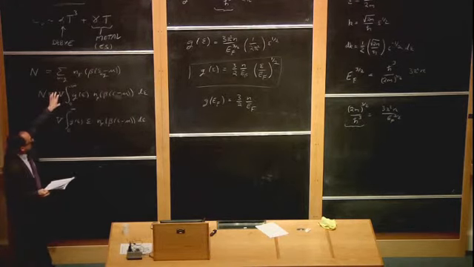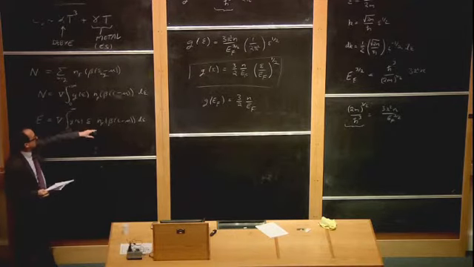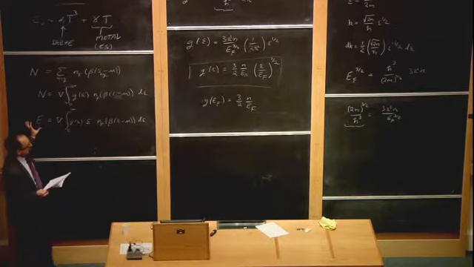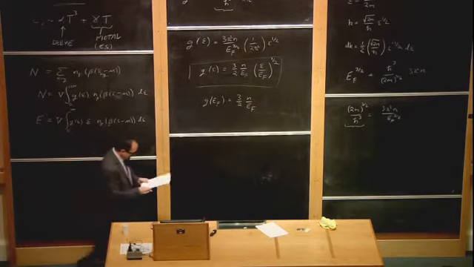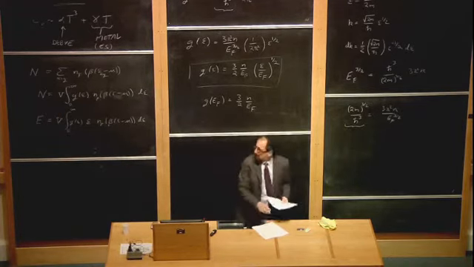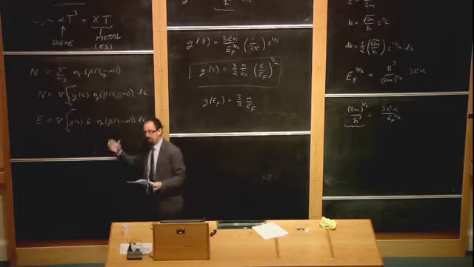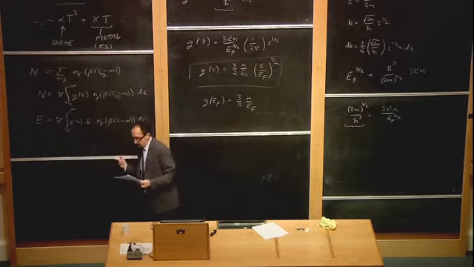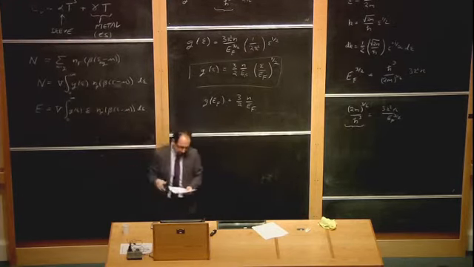So you find the chemical potential first. You then find the energy. Once you know the chemical potential, you would know the energy as a function of temperature. You could differentiate that to get the heat capacity. So in principle, from this kind of argument, you could get the heat capacity if you could do these integrals. The problem is that these integrals are really nasty, and that's why we're not going to do it this way.